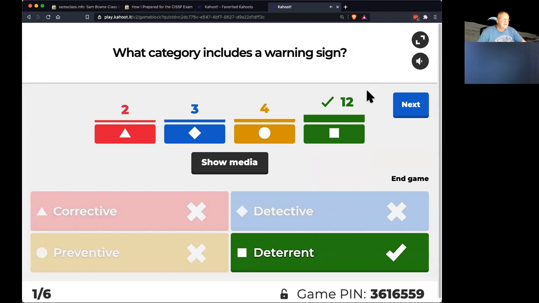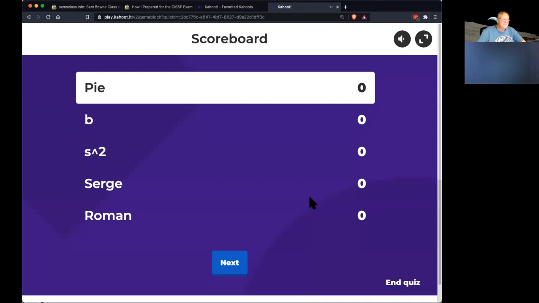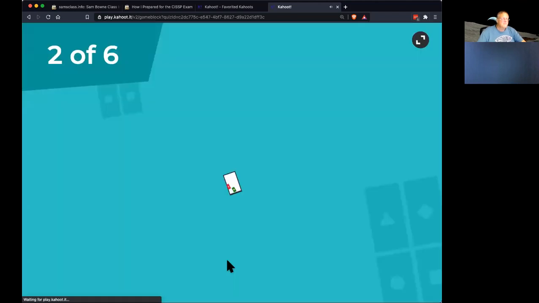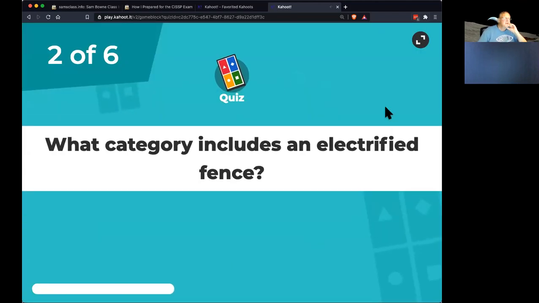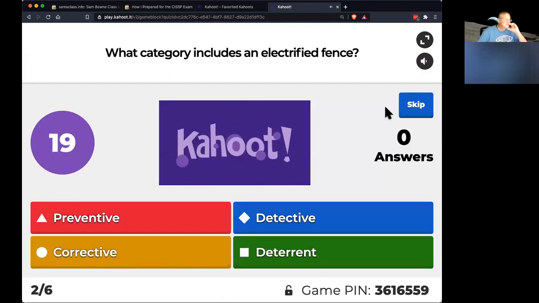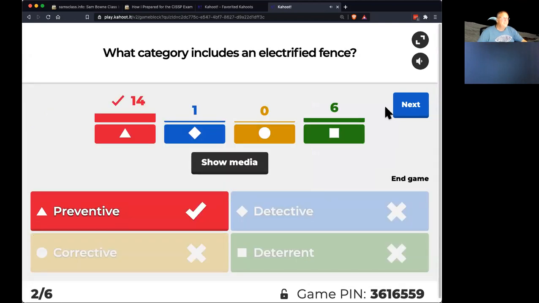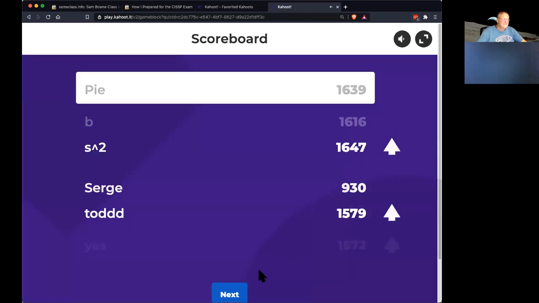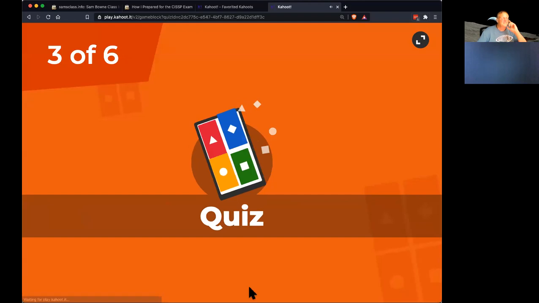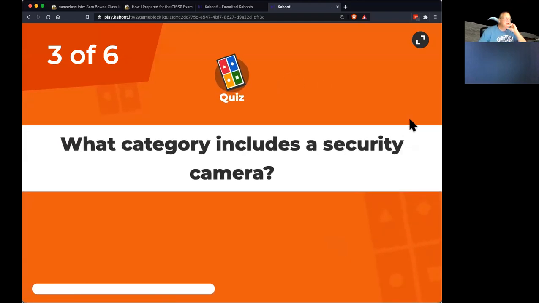That's a deterrent. Doesn't prevent you from doing anything, but hopefully it makes you think twice. An electrified fence. That's preventive. It stops people from going in there. A security camera.